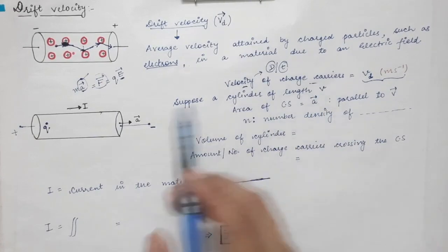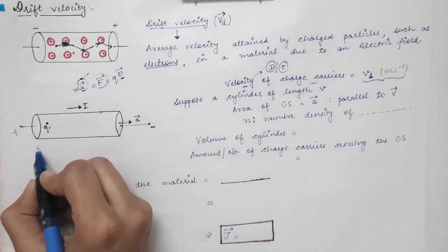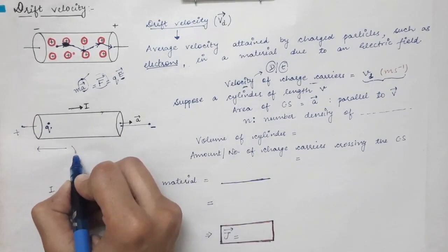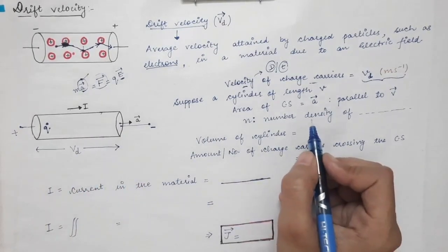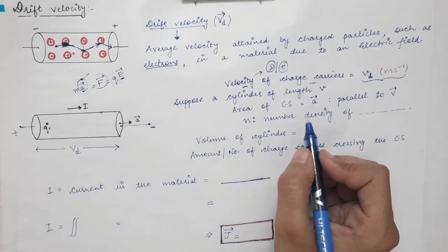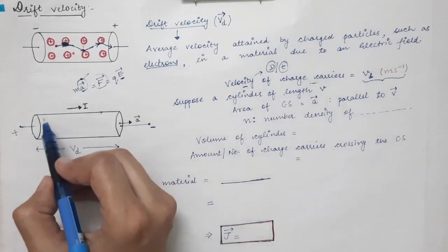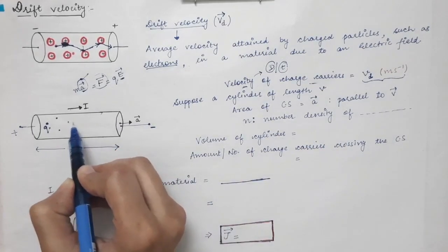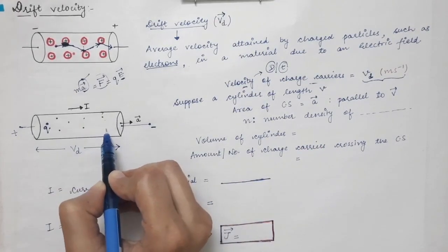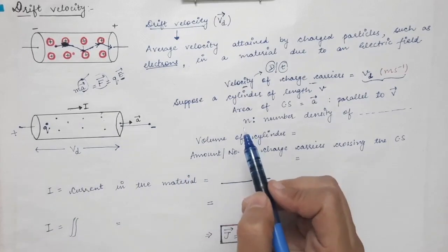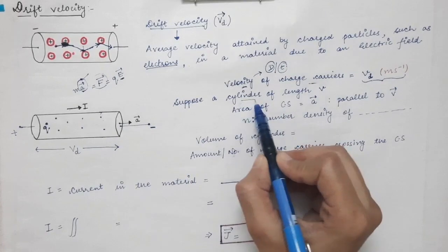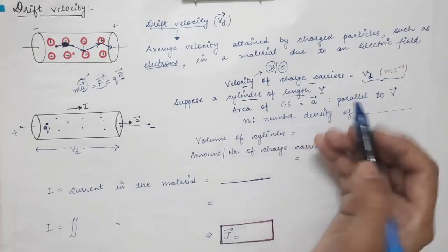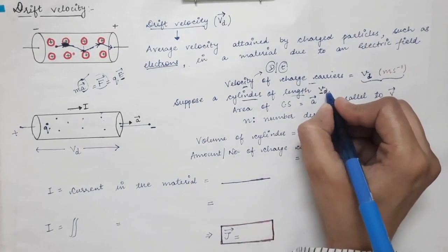Now I am supposing a conducting material whose length is equal to Vd. Let's say there are a certain amount of charge carriers present in this conducting material, and we are supposing a cylinder of length Vd.